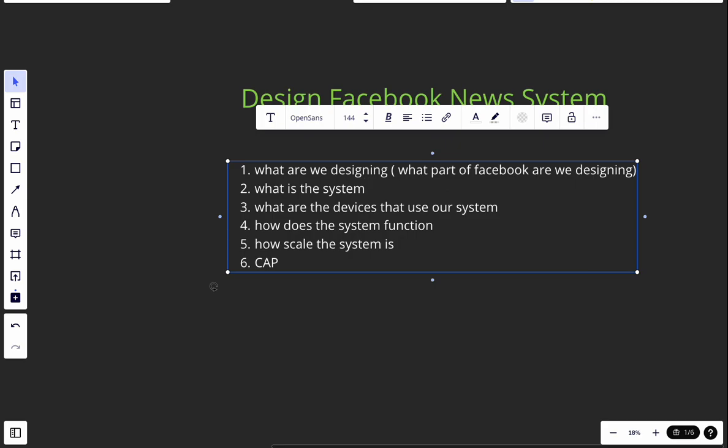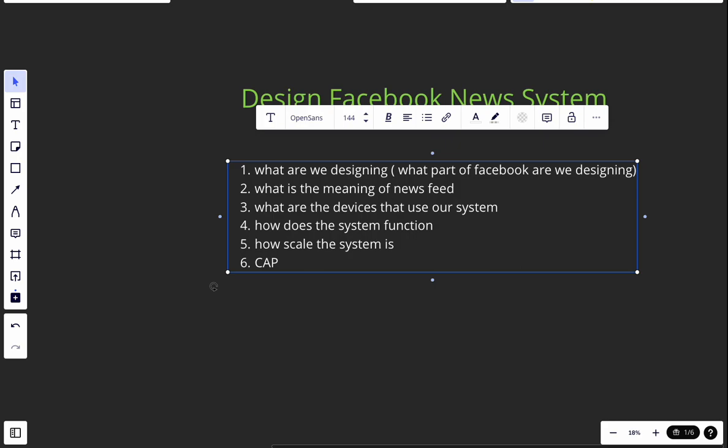What does newsfeed system mean? What is the meaning of newsfeed system? This is the second question.